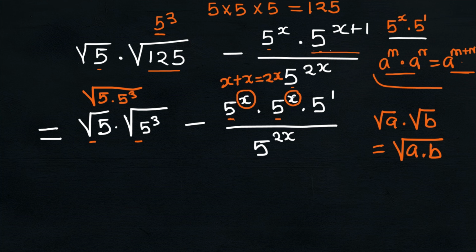So instead of writing 5 to the power of x multiplied by 5 to the power of x, we are just going to write 5 to the power of 2x, because we have the same base, we add the exponents. It is going to be 5 to the power of 2x multiplied by 5 to the power of 1 at this stage.